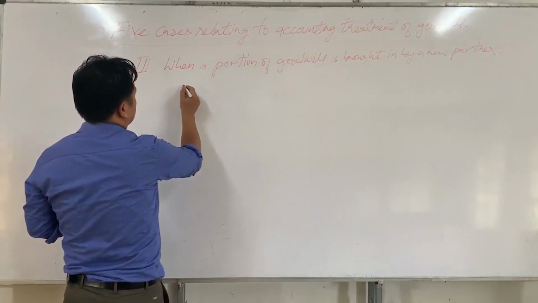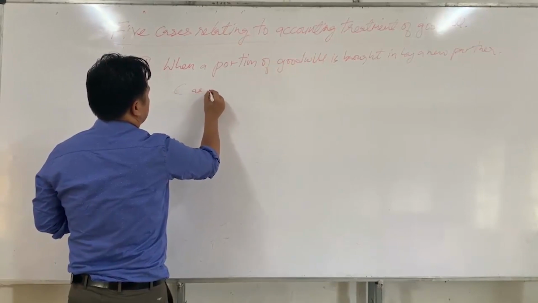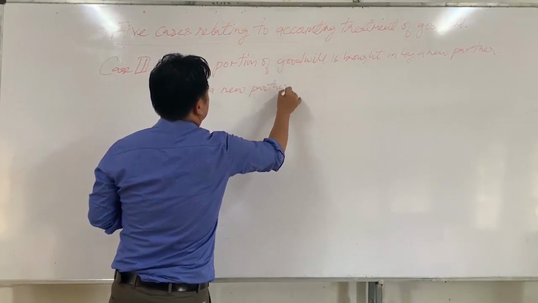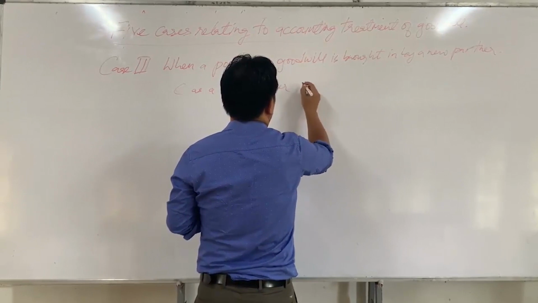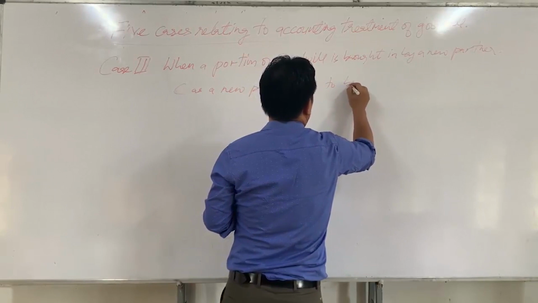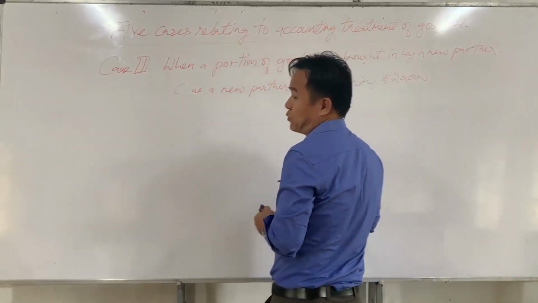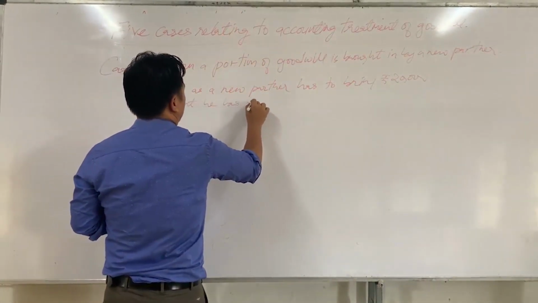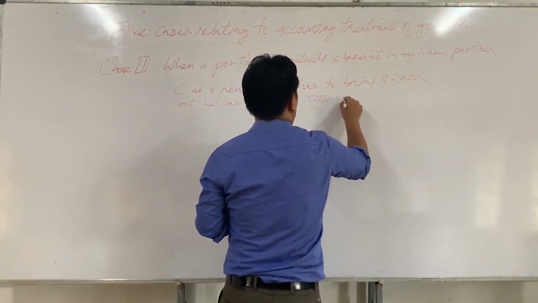Suppose C, as a new partner, has to bring rupees 20,000 as his share of goodwill, but he has brought rupees 15,000 only.